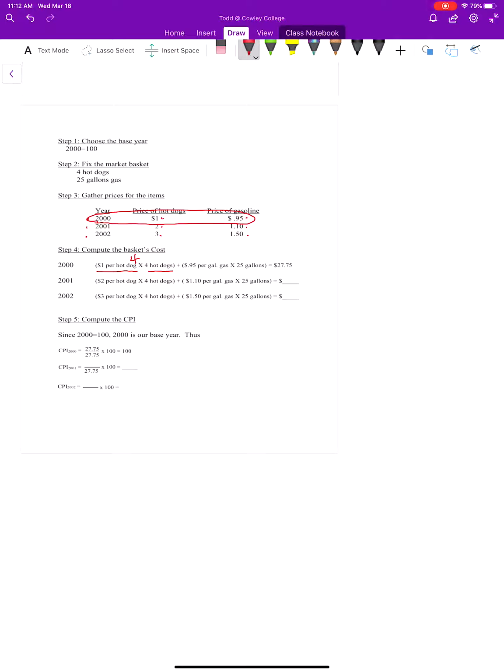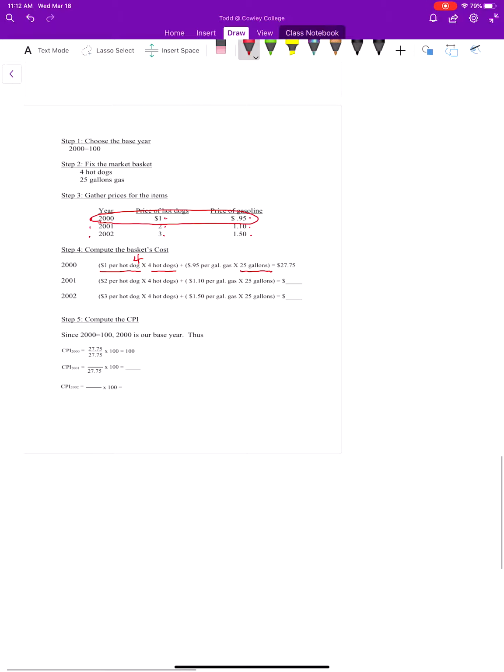And then we consumed 25 gallons of gasoline. Each gallon of gasoline we said was going to cost us 95 cents per gallon. So 25 gallons times 95 cents per gallon is going to give us $23.75 worth of gasoline.